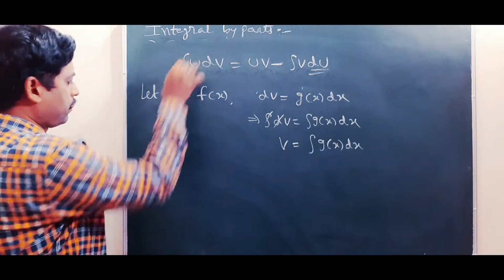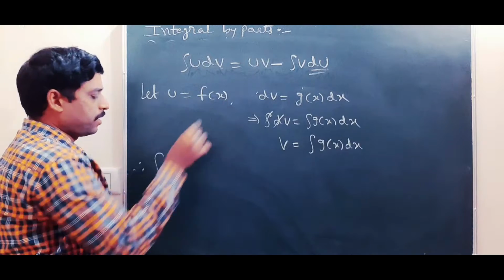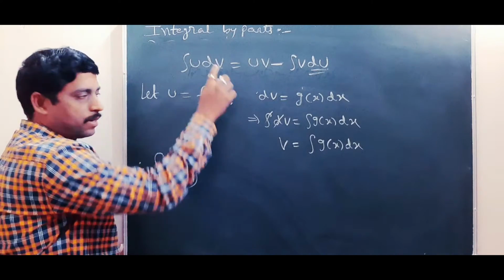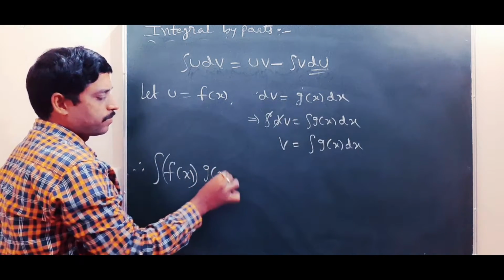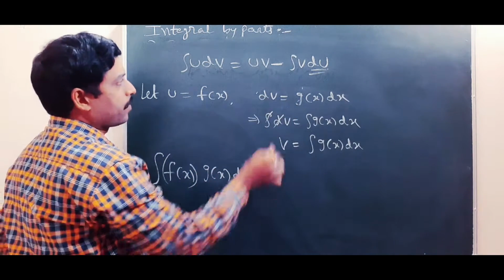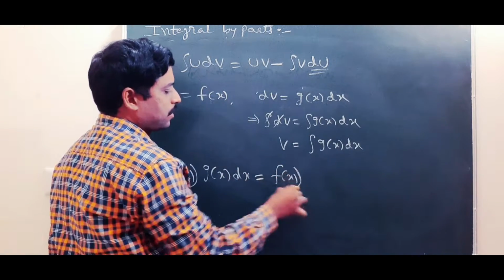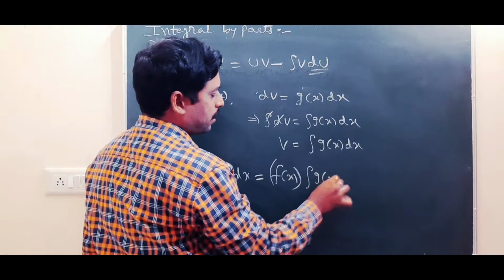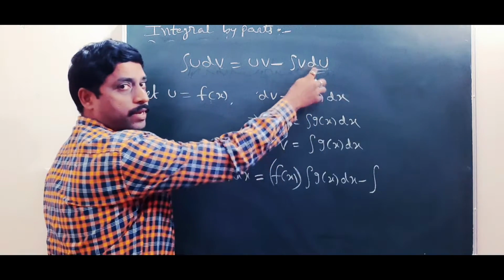So where u is placed, we should write f of x; dv is g of x dx. It equals, where u is placed, f of x times v, that is integral g of x dx, minus integral of v du.